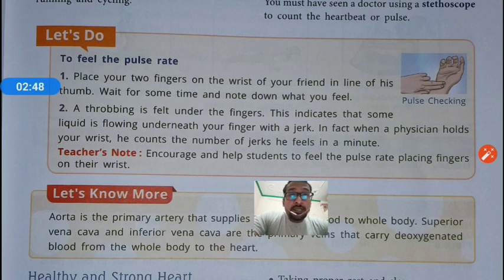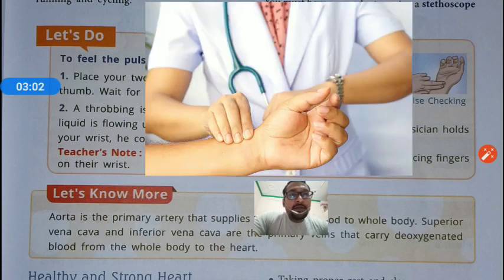There you will feel a throbbing under the fingers. This indicates that some liquid is flowing underneath your fingers with a jerk. In fact, when a physician holds your wrist, he counts the number of jerks he feels in a minute.